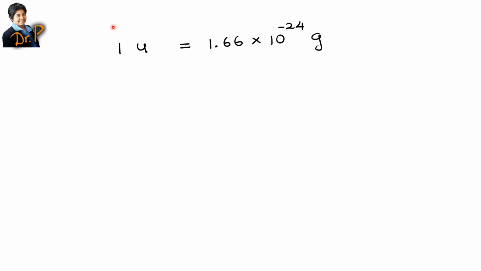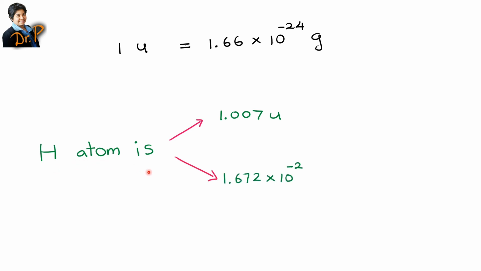All right, this is what we obtained from our previous calculation. Now let's take the hydrogen atom as an example. The mass of a hydrogen atom can be expressed in atomic mass units as 1.007 U. Also, we can express the mass of a hydrogen atom in grams.